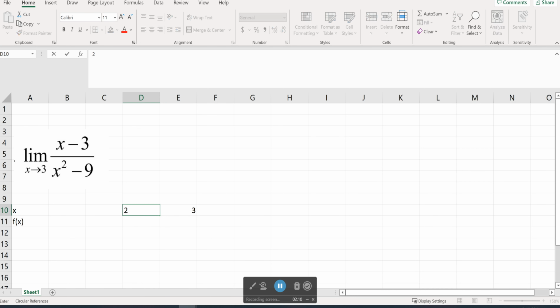The closest value to 3 at 3 decimal places will be 2.999. If we step one step further to the left, it will be 2.99.